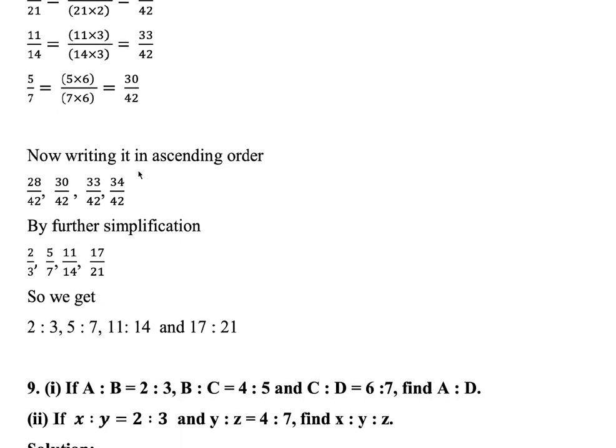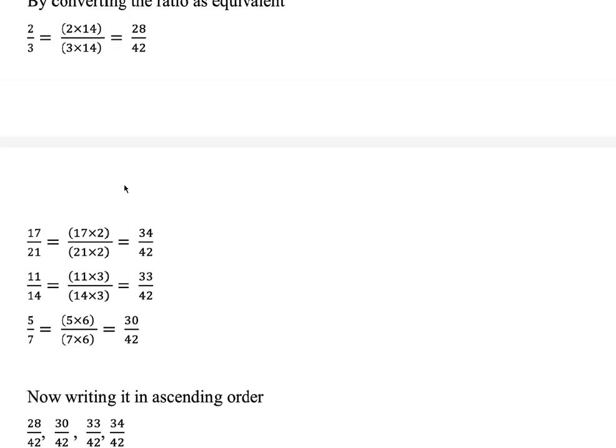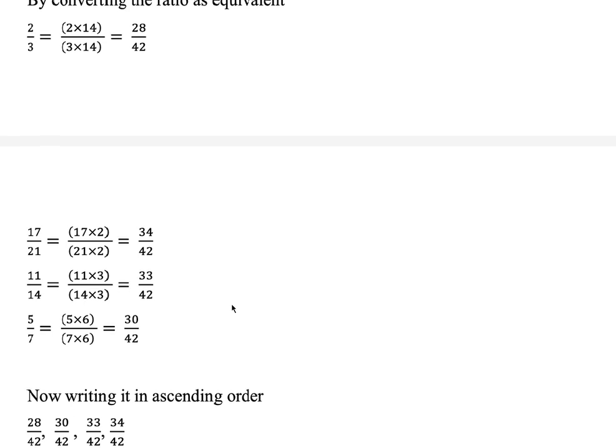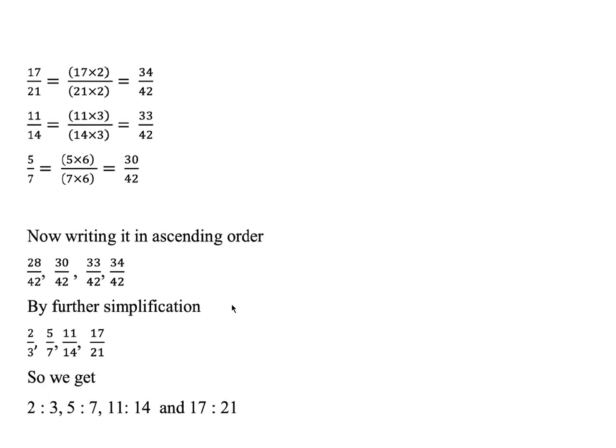Now writing it in ascending order, so 28, after that 30, after that 33, after that 34, because see the denominator part is always 42, 42, 42, 42. So in the numerator part, that is the upper part, right now I am just writing in ascending order. So 28, 30, 33, 34.